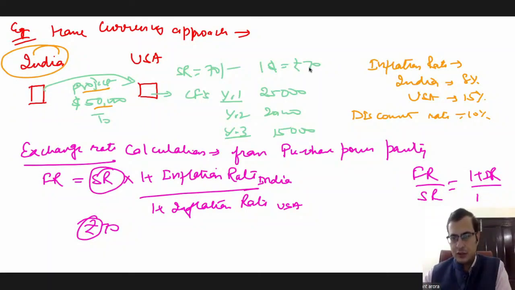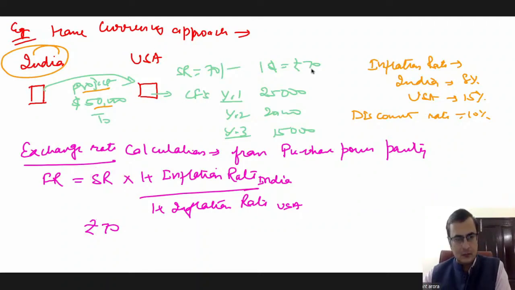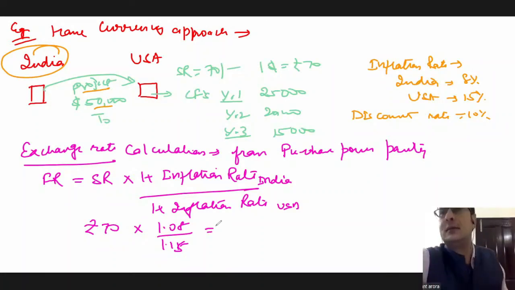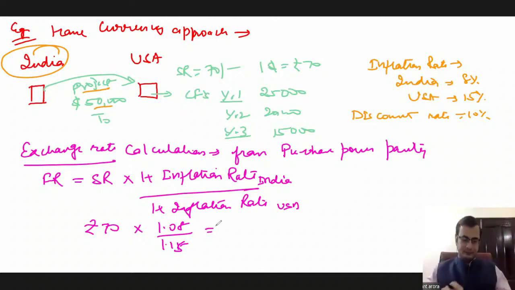Coming back to the question. 70 it is done into 1.08 upon 1.15. So 70 into 1.08 divided by 1.15.